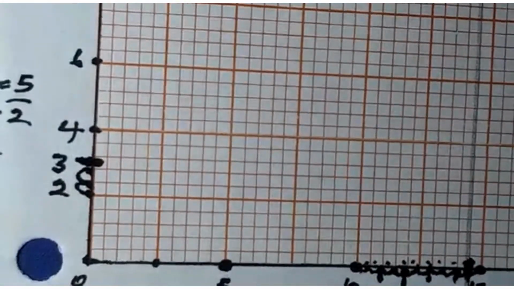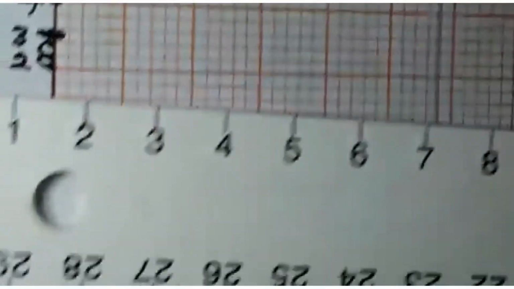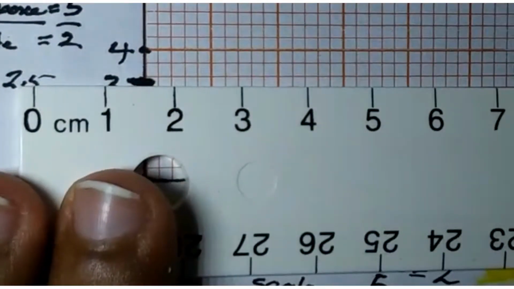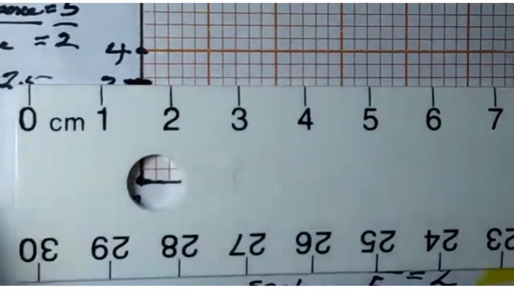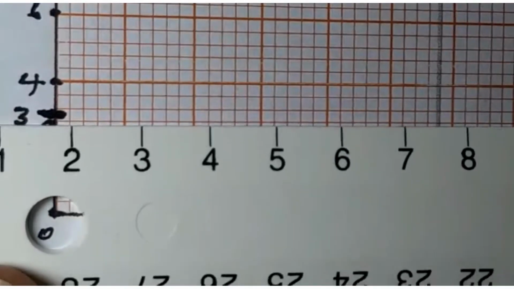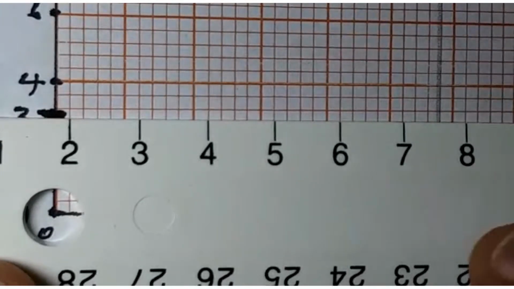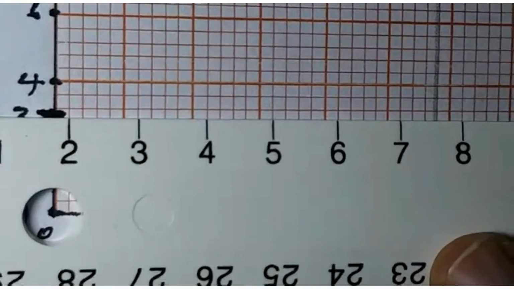So what I'm going to do now is to take my ruler and my pencil and draw a faint horizontal line, a parallel line right across. See there? So I draw my faint line right at the point where I just marked the 3 and draw it horizontally across.